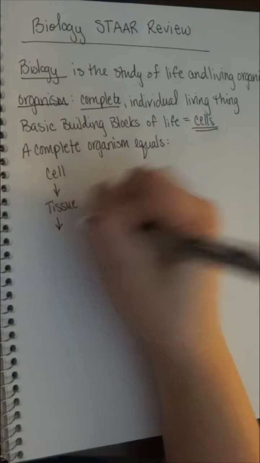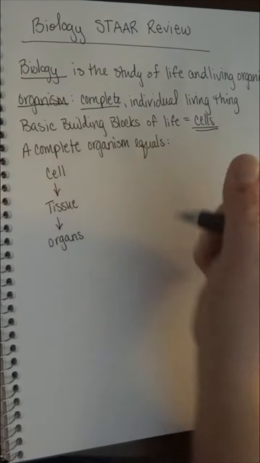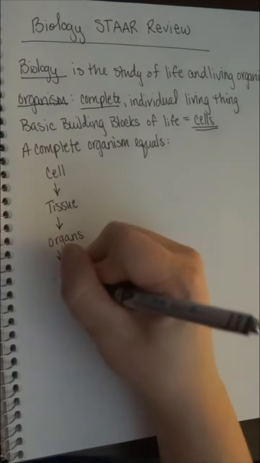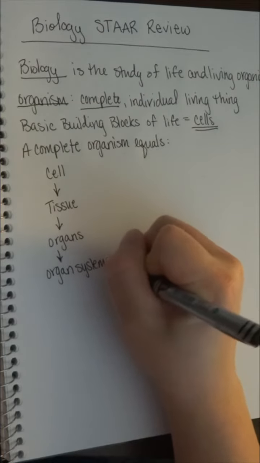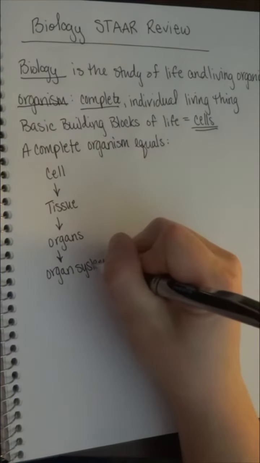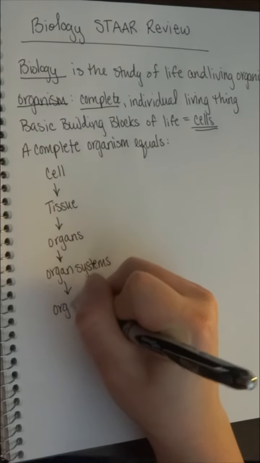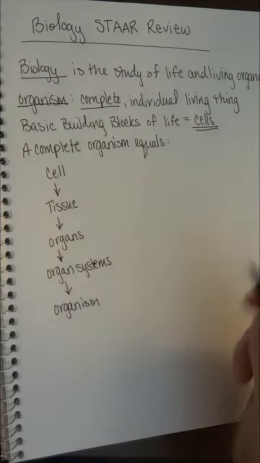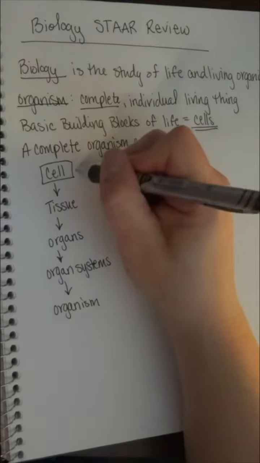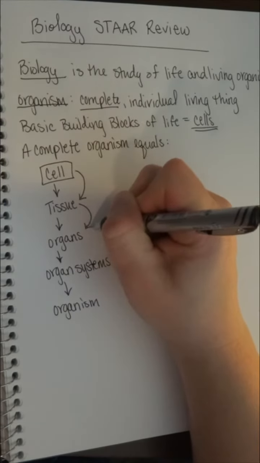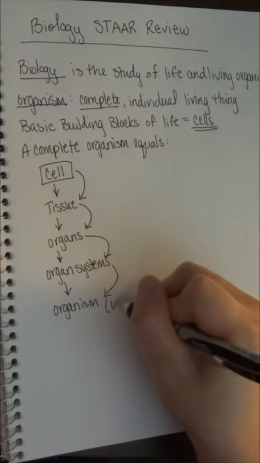Tissue makes up organs. Organs make up organ systems. And organ systems in turn make up an organism. So as you can see, cells are very important because they make up each of the following levels until they make up us.